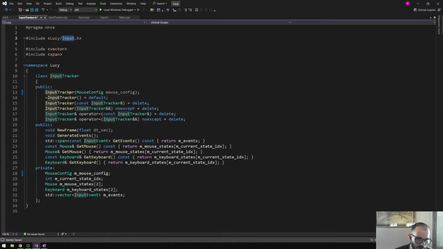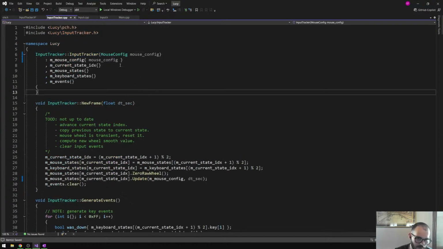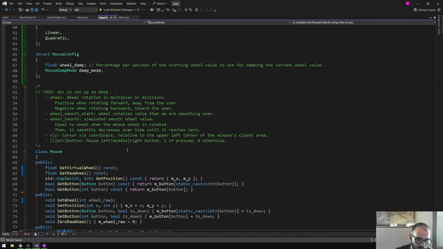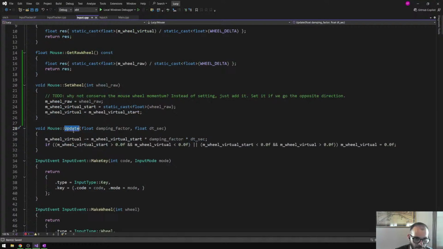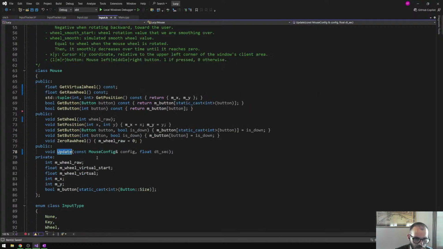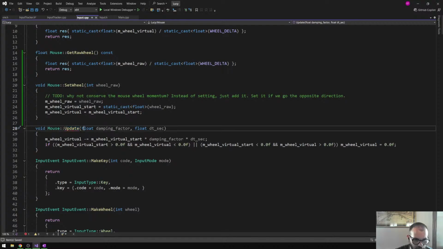In the input tracker, I would like to copy it and be done with it, but in all other scenarios I don't really care, I just pass by reference. And then obviously the delta time in seconds.